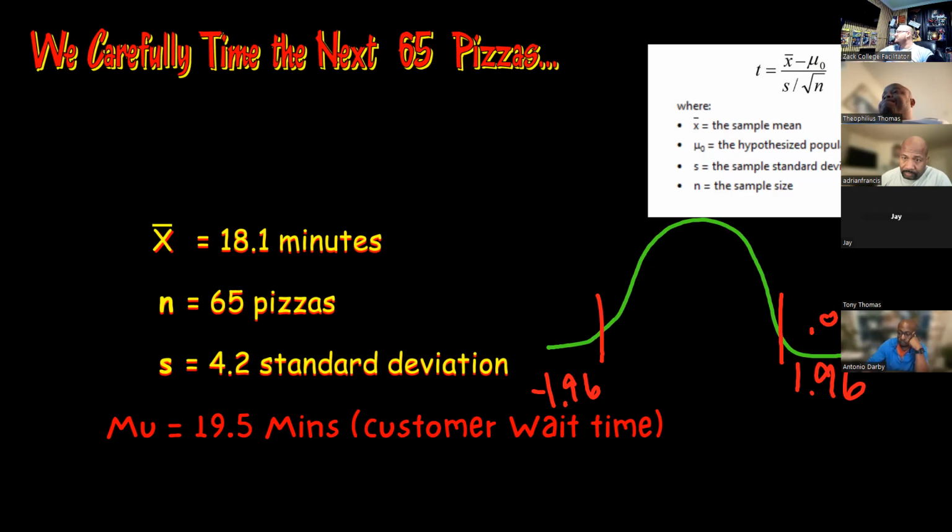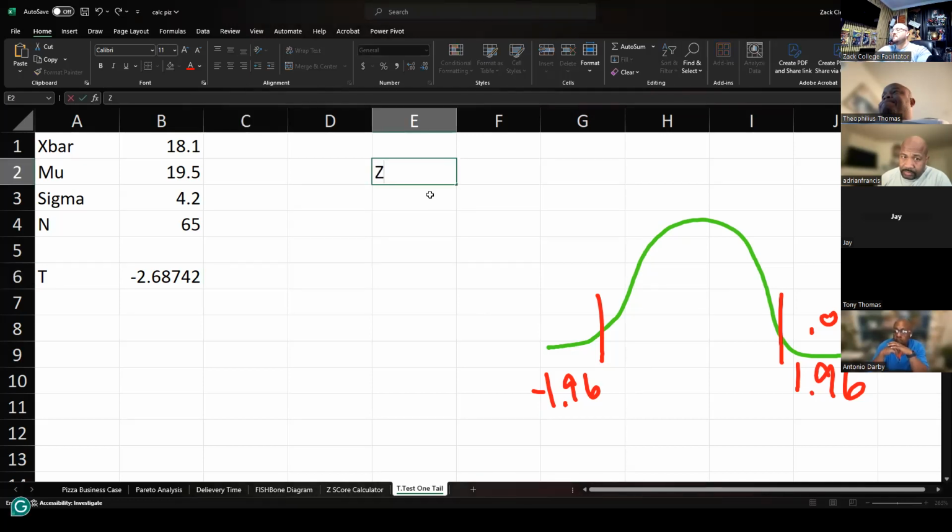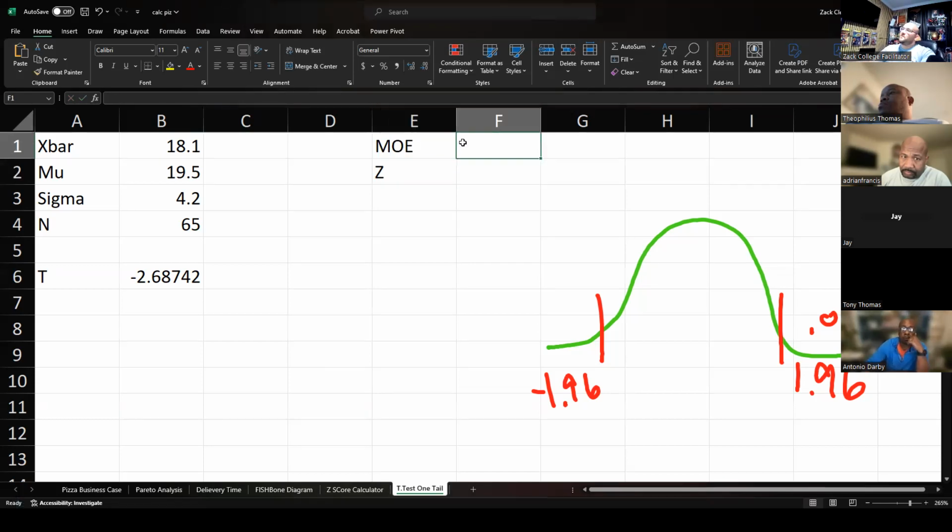So it just kind of saved us a little bit of time, and I'll kind of show you what I mean. If I'm looking at what the z-value is, I know the probability or the margin of error is going to be 0.05. Last week, I showed you how to look this up.